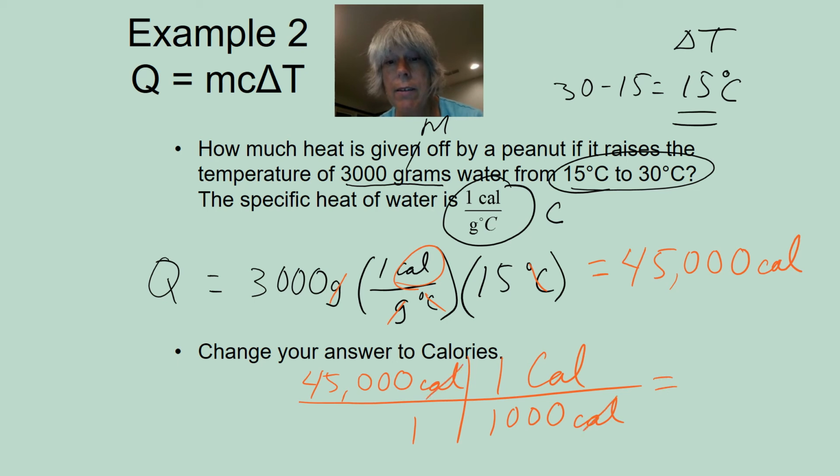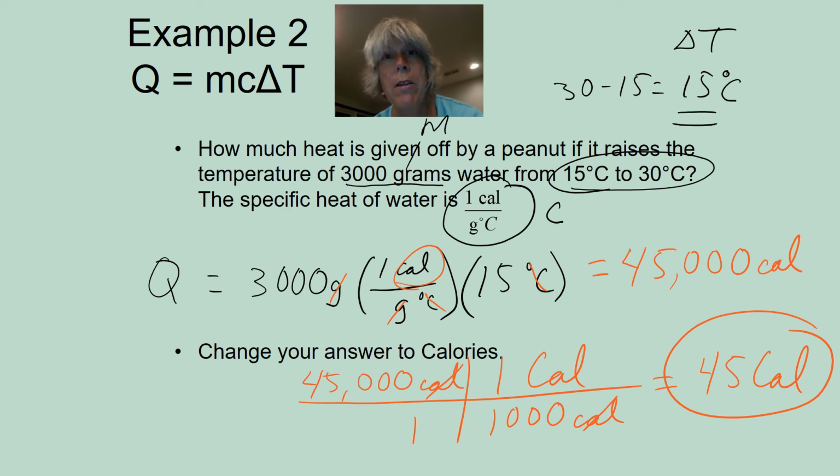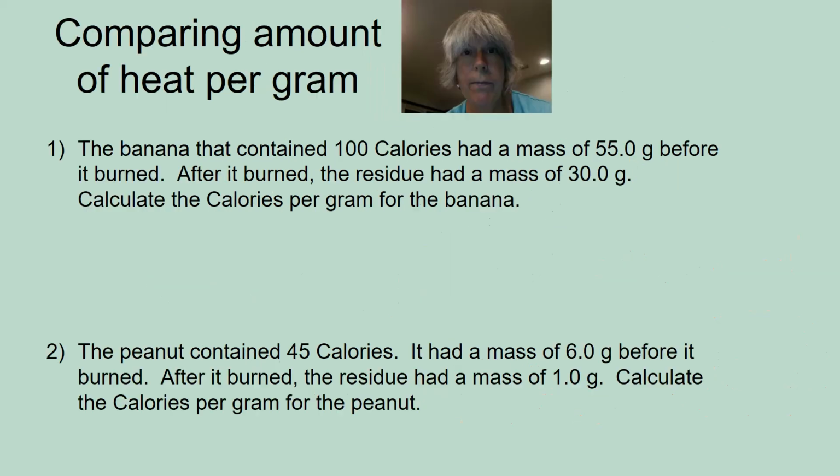Calories here cancel. 45,000 divided by 1,000 is 45 capital C calories. Now, you might think, well, that's kind of weird that a peanut would have half the number of calories as a banana because peanuts are so little and bananas are so big. Let's compare the amount of calories per gram for each one on our next slide.